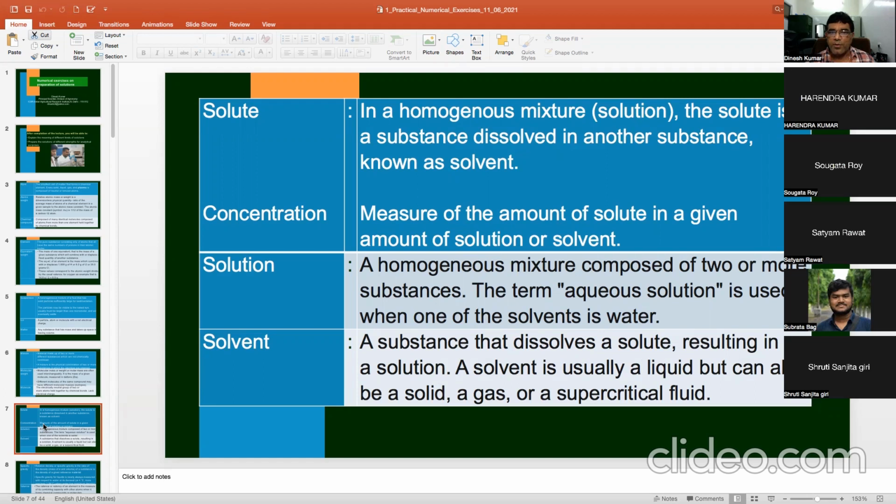Solution, a homogeneous mixture composed of two or more substances. The term aqueous solution is used when the solvent is water. The solvent, a substance that dissolves a solute, resulting in a solution. A solvent is usually a liquid, but can also be a solid, a gas, or a supercritical fluid.